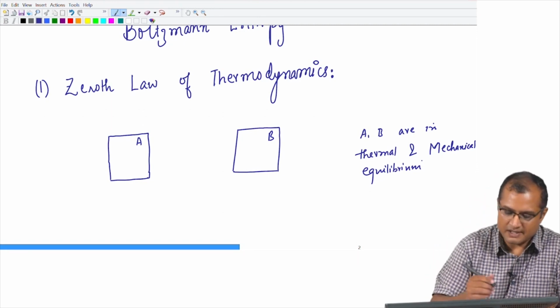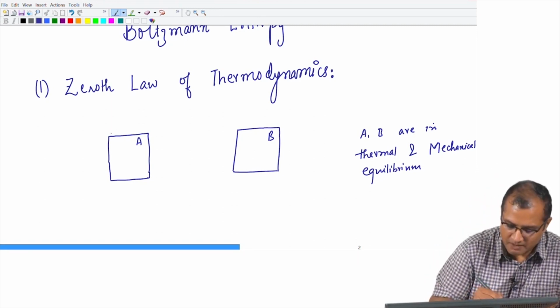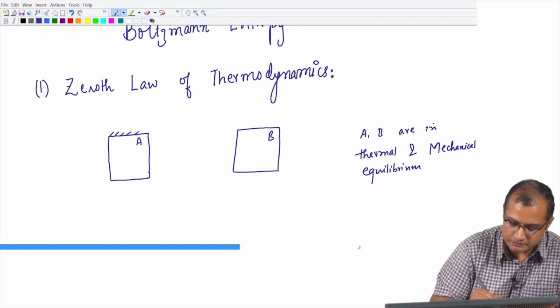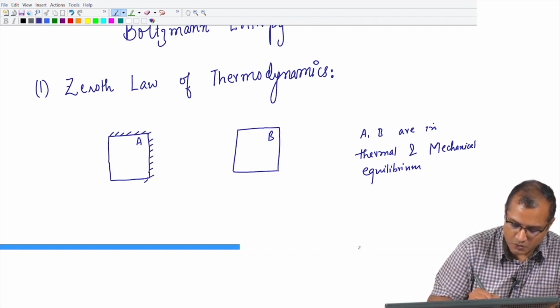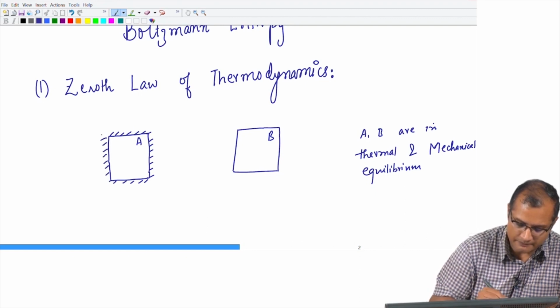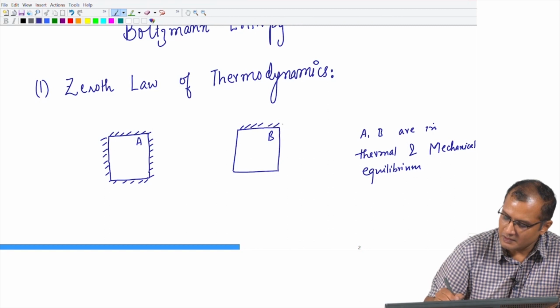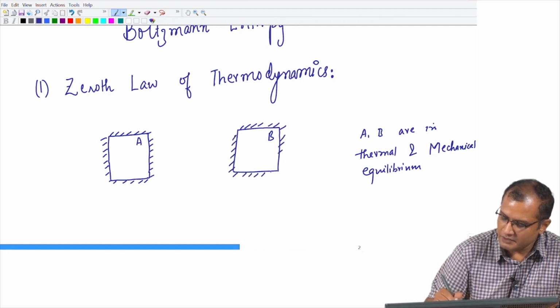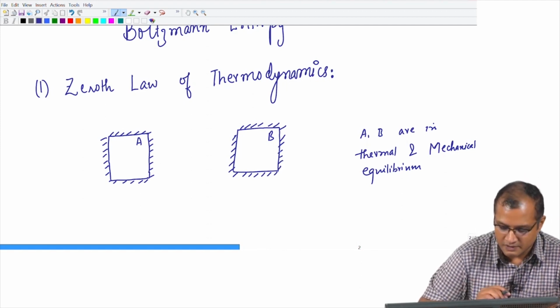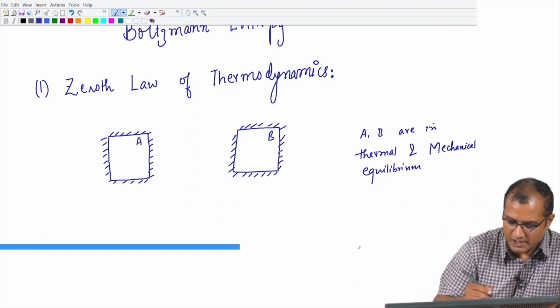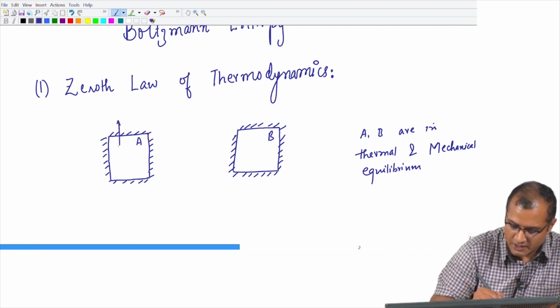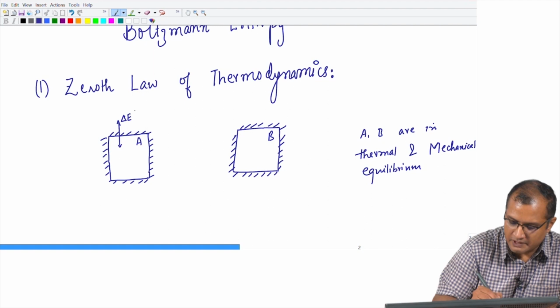Now, the meaning of this is that these systems are thermally isolated, which means there is no exchange of heat with the surroundings. And you have fixed walls that cannot move. So, there is absolutely no way in which energy can leak out of the system.